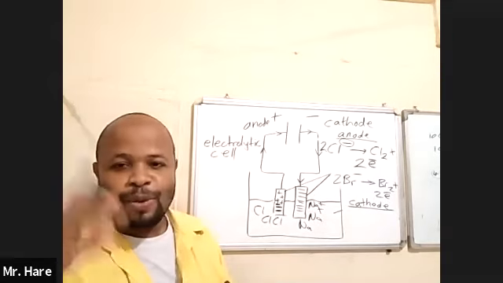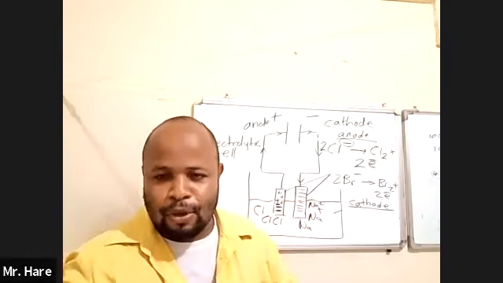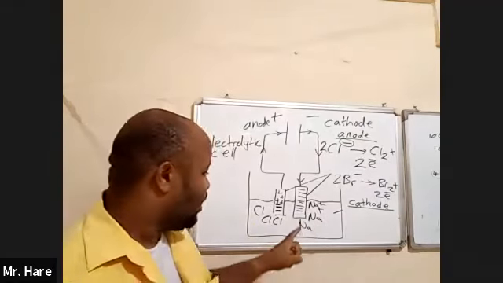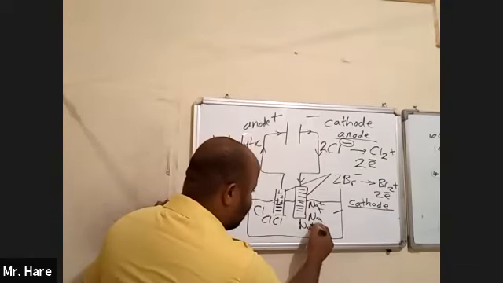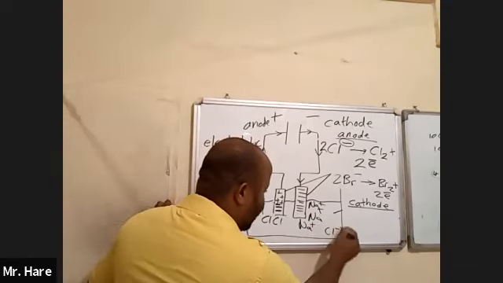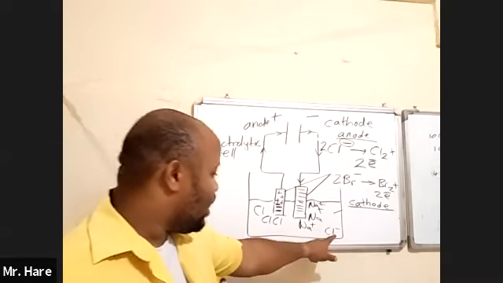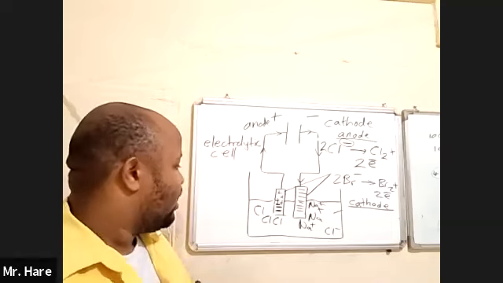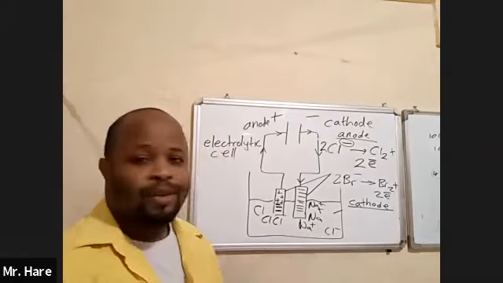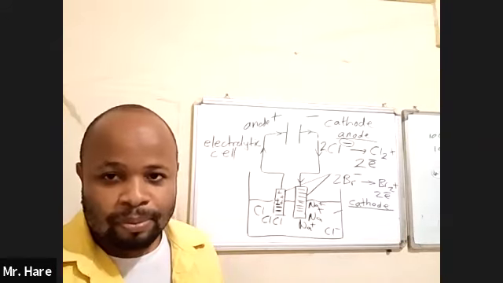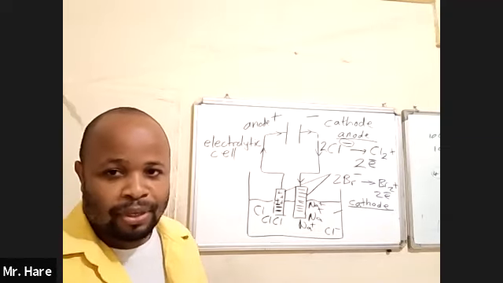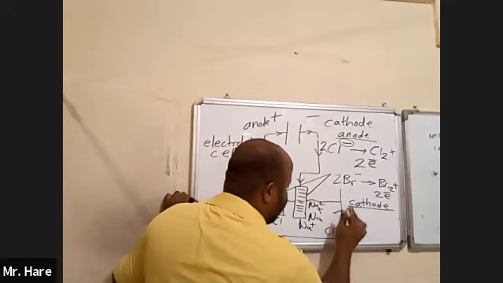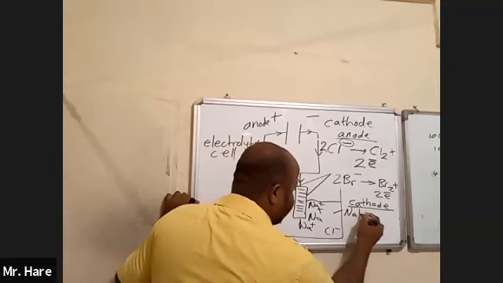By the way, when we say it is the decomposition of the electrolyte, the electrolyte contains sodium ions and chloride ions, right? The chloride ions will be converted to chlorine gas, and the sodium ions will be converted to the atom. So that is the decomposition. So at the cathode, we have the sodium ion.